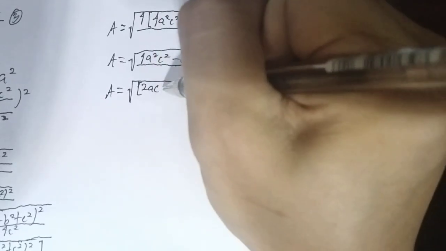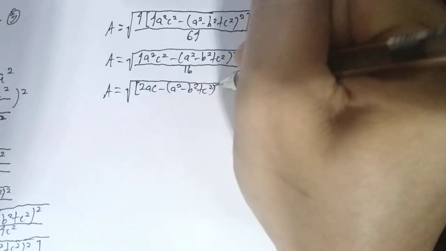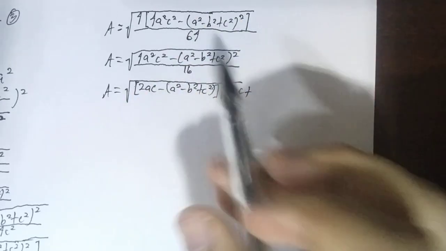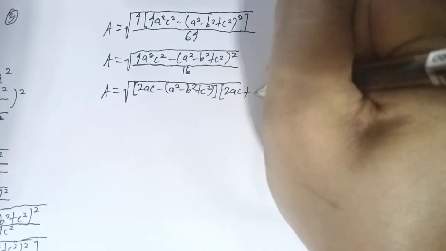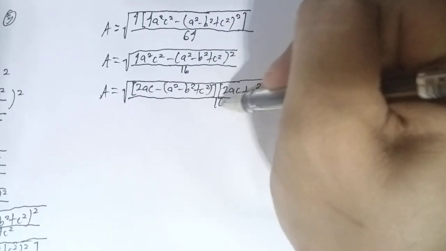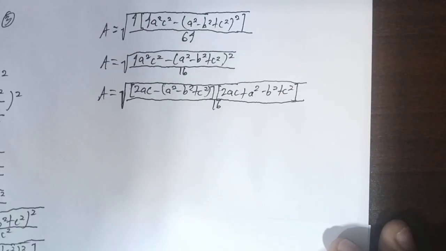So this will become A equal to the square root of the quantity 2ac, minus the quantity of a squared minus b squared plus c squared, multiplied by the quantity 2ac plus a squared minus b squared plus c squared, where we drop the parentheses, all over 16.